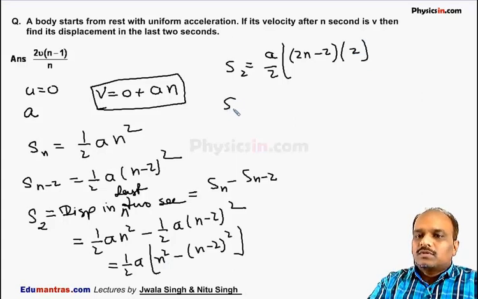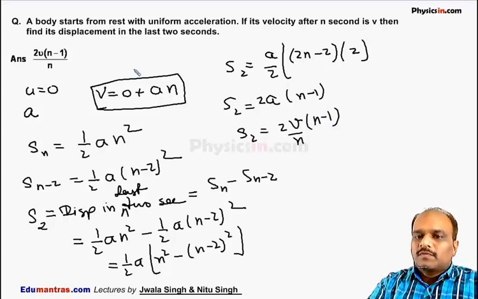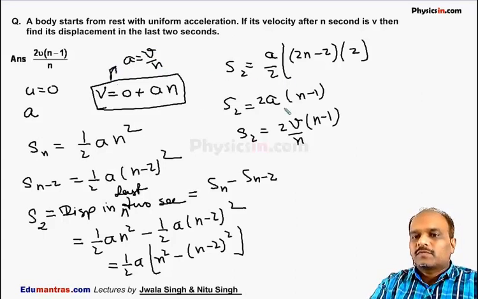So S2 is equal to a into 2n minus 1, and we know a is equal to v by n. I can write S2 is equal to 2 into v by n into n minus 1, substituting the value of a. This is the displacement in the last 2 seconds.